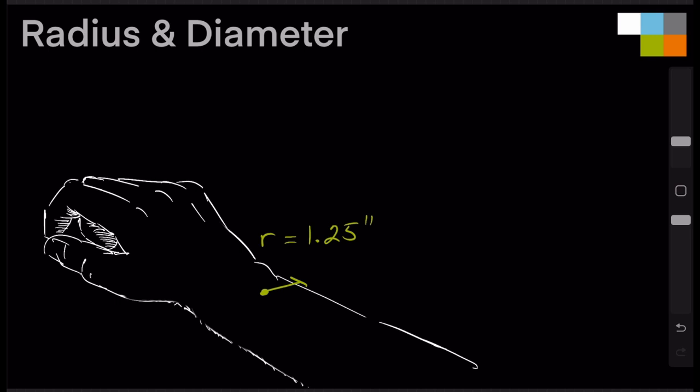Now you can go get a piece of paper, measure out 1.25 inches, and because that's the radius, now you also know how to get the diameter.